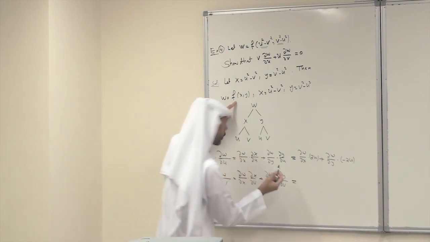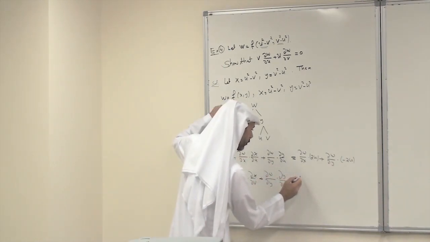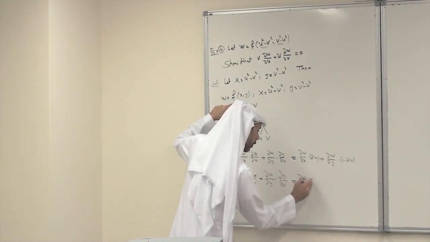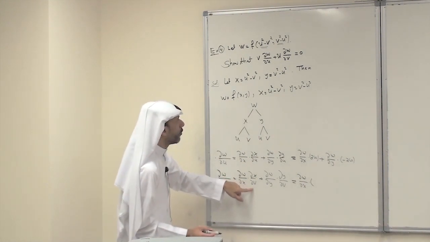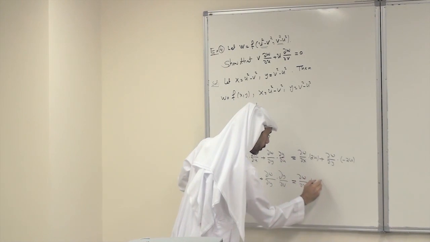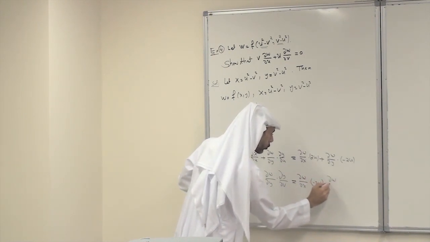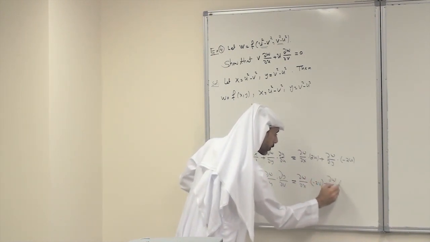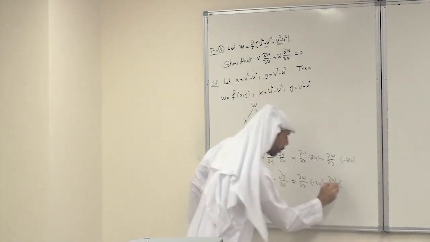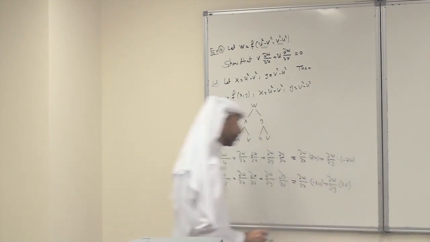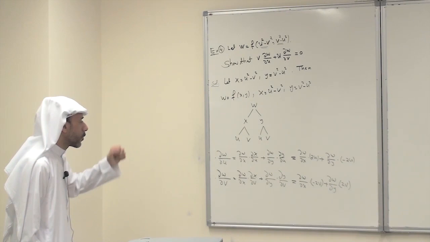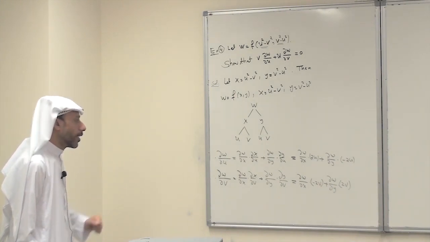We leave it as it is because there is no expression for f. So this is partial w, partial x, times partial x, partial v, which is minus 2v, plus partial w, partial y, again as it is, times partial y, partial v. This is 2v. So these are the partial derivatives of w with respect to u and v.